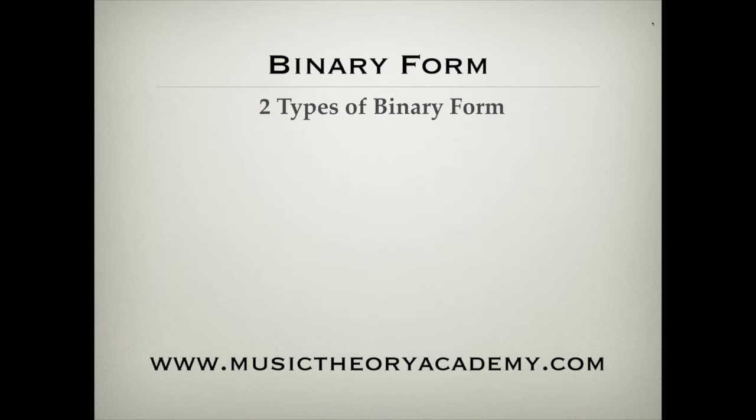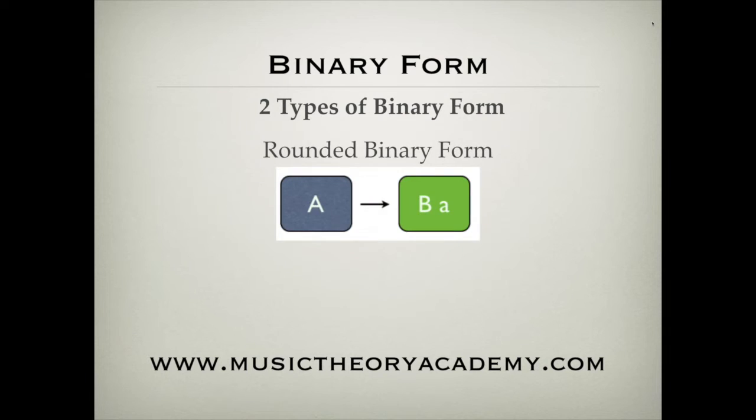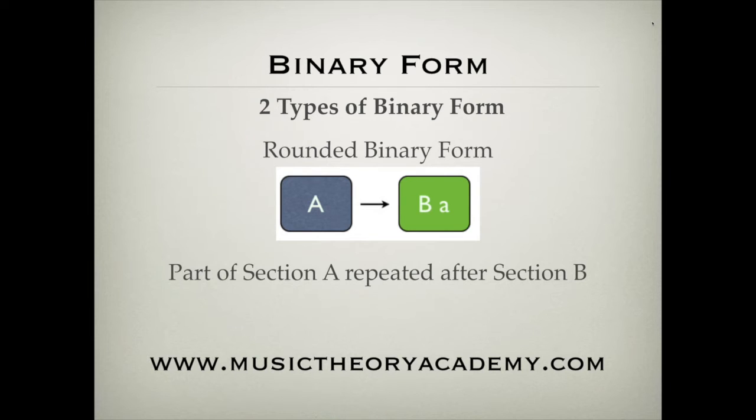Second type of binary form that you'll come across is called rounded binary form. Now in this rounded binary form, you have an A section, and then you have this second section, which is B, and then with a little a. And what that means is that part of section A is repeated after section B. So you've got your section A, your section B, and then a little bit of what's gone before in section A is repeated after that section B. Now this became popular a little bit later on in the next period, the classical period between 1750 to 1820.